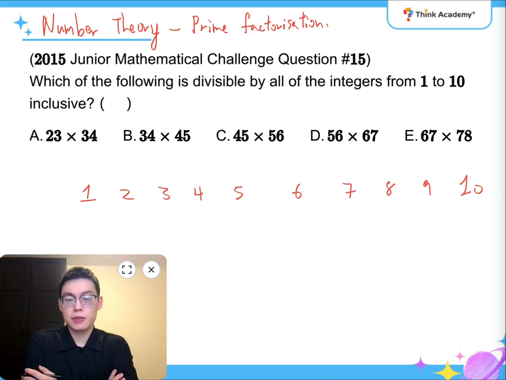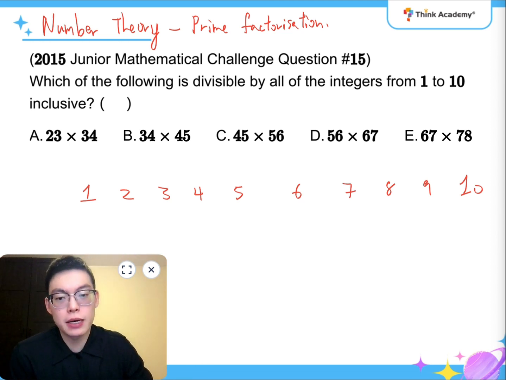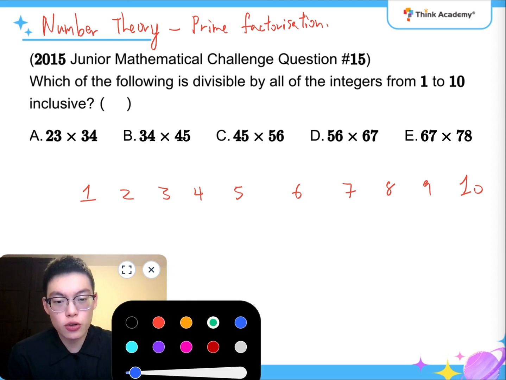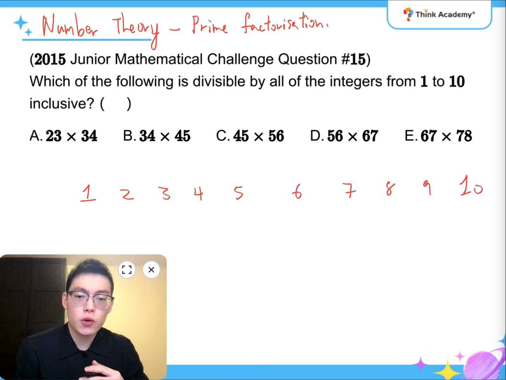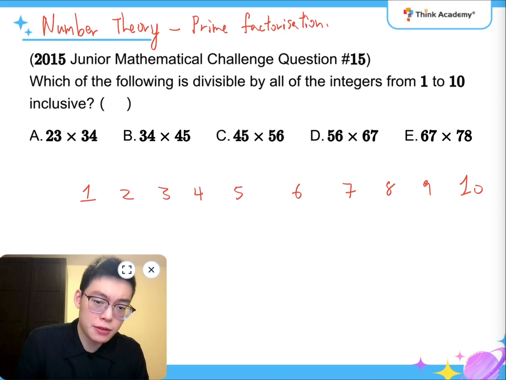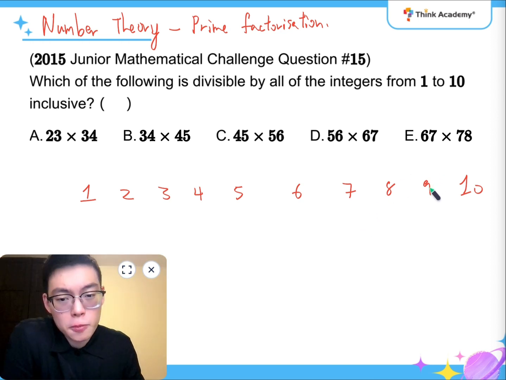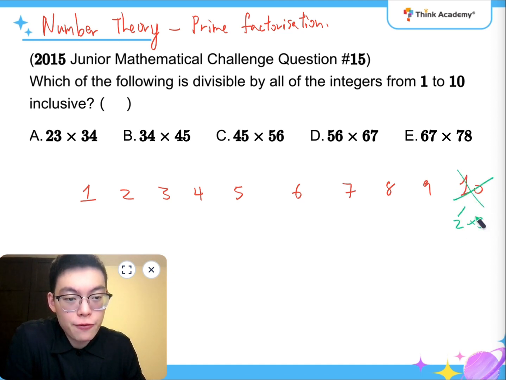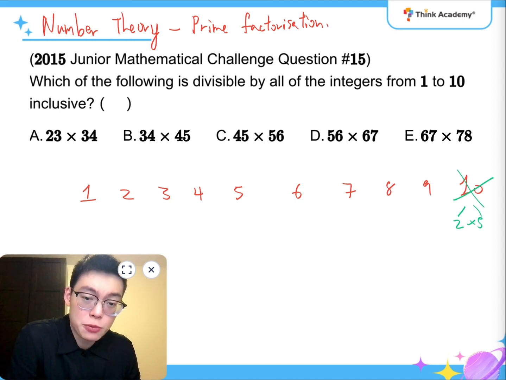So the first thing I can do is to make this question a little bit simpler, which is that I can try to cross out some unnecessary numbers. For example, 10. 10 is definitely unnecessary because whatever is divisible by 2 and 5 has to be divisible by 10 as well.